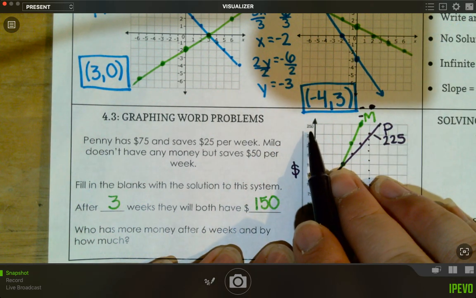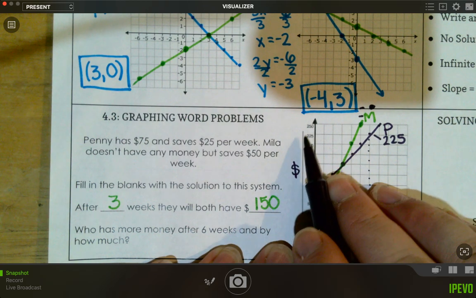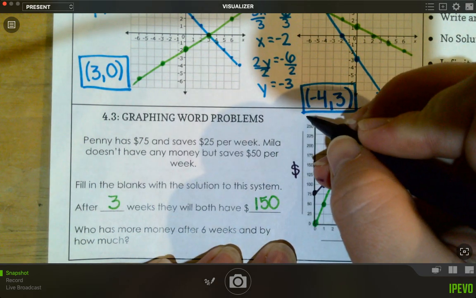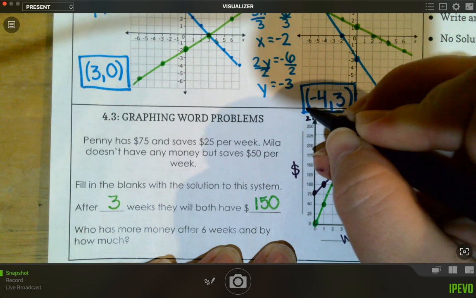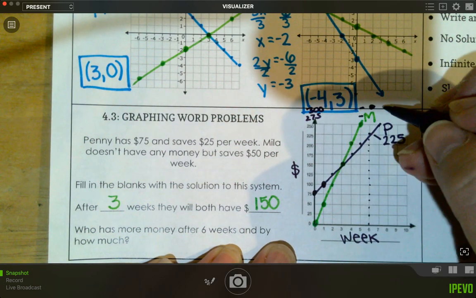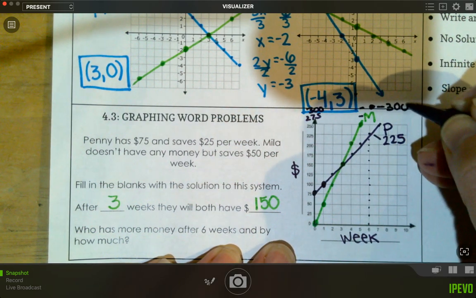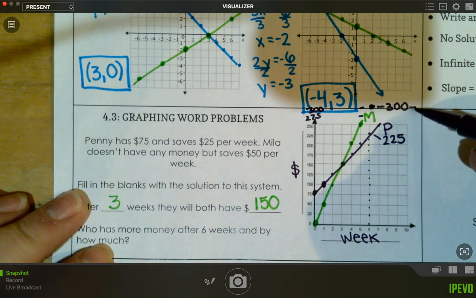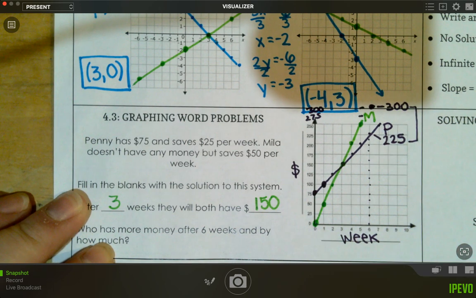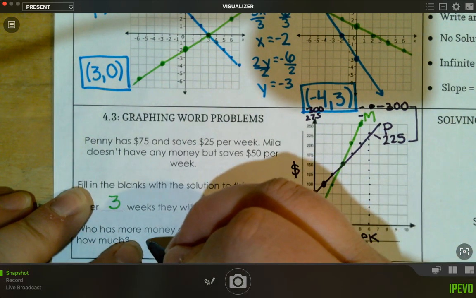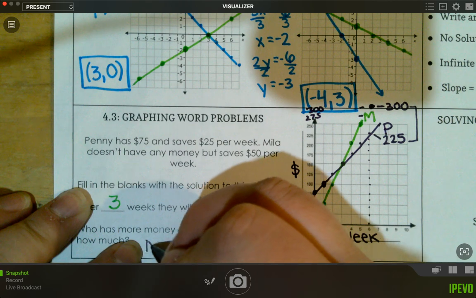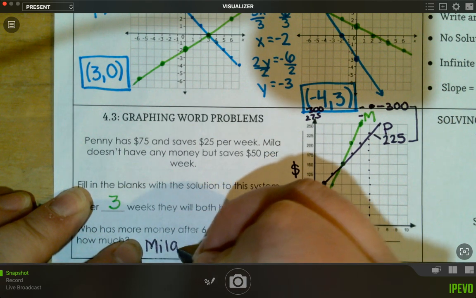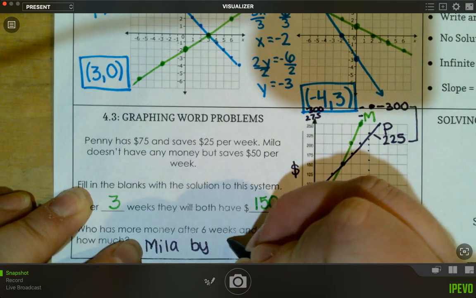Well, 2 more spaces is going to take me to 275 and then 300. So she has $300. And on the test, I'll make sure that these both fit on the graph for you. But what's the difference between these 2 numbers? 75. So Mila has more by $75.